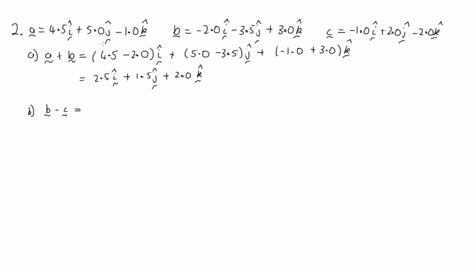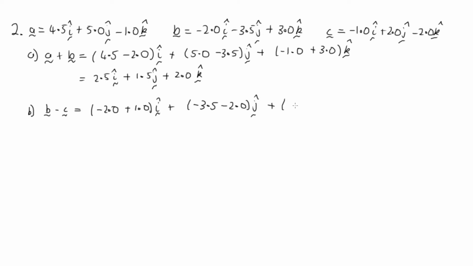Now in part B, we're asked to find B minus C. So again, we just do this component by component. So in the i direction, we've got B, which is minus 2.0i, and then we've got minus C, so minus minus 1 is plus 1.0i. And then in the j direction, we've got minus 3.5 minus 2.0j.